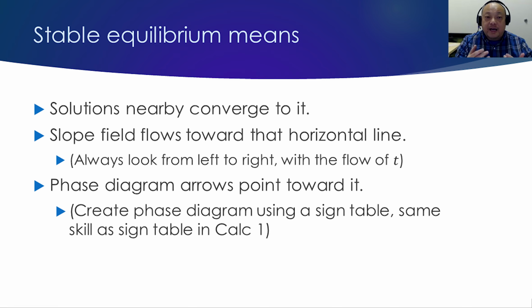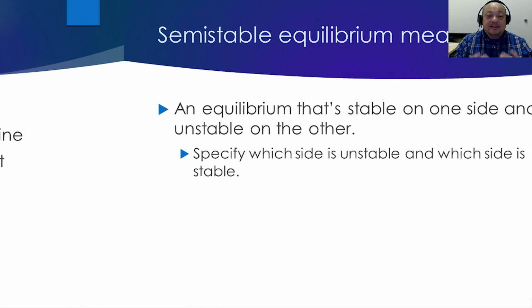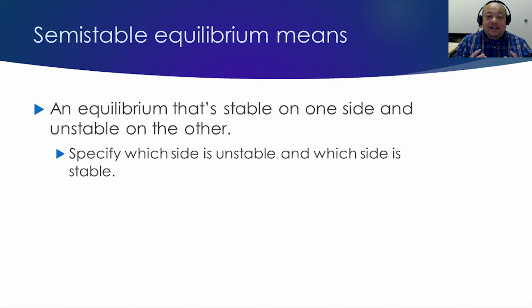Stability also means phase diagram arrows point toward that point. Unstable equilibrium means the exact opposite. Solutions nearby diverge from it. The slope field flows away from that horizontal line and the phase diagram arrows point away from that point. Semi-stable equilibrium means an equilibrium that's stable on one side and unstable on the other.